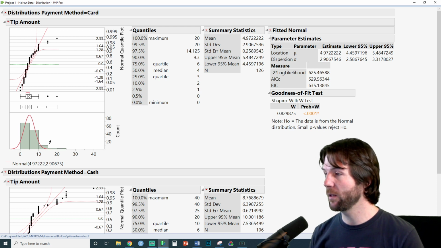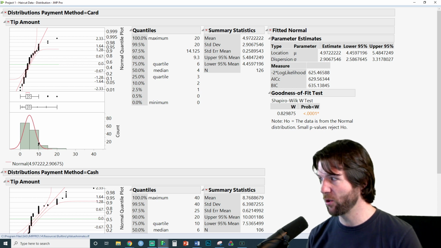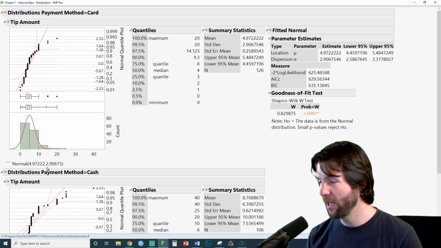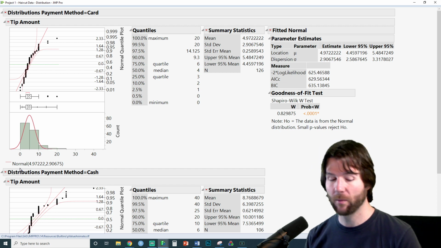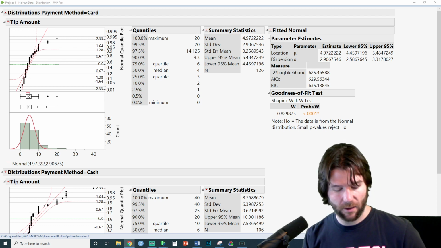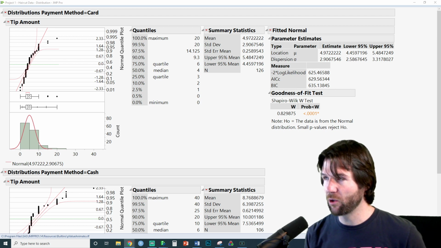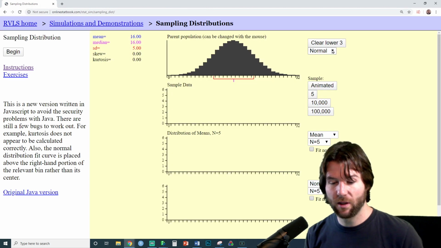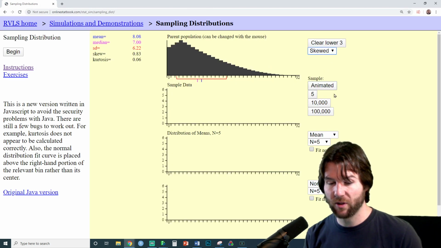We are not looking at the parent distribution, what we call the distribution of single observations. We are looking at the distribution of the mean. And what does the central limit theorem say about the distribution of the mean for larger sample sizes, even if our distribution is skewed?